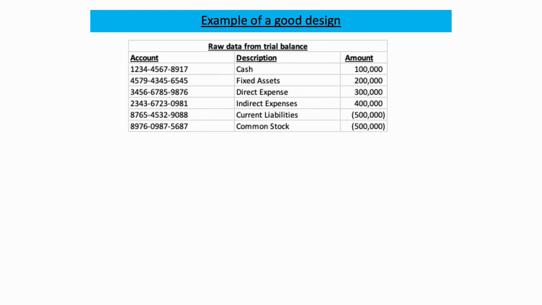But from a basic structure standpoint, you would have a column that gives you the account number. You will have a column that gives you the description of the account number, and then you would see the amount. Generally, in my experience, the trial balance always comes out in absolute numbers.